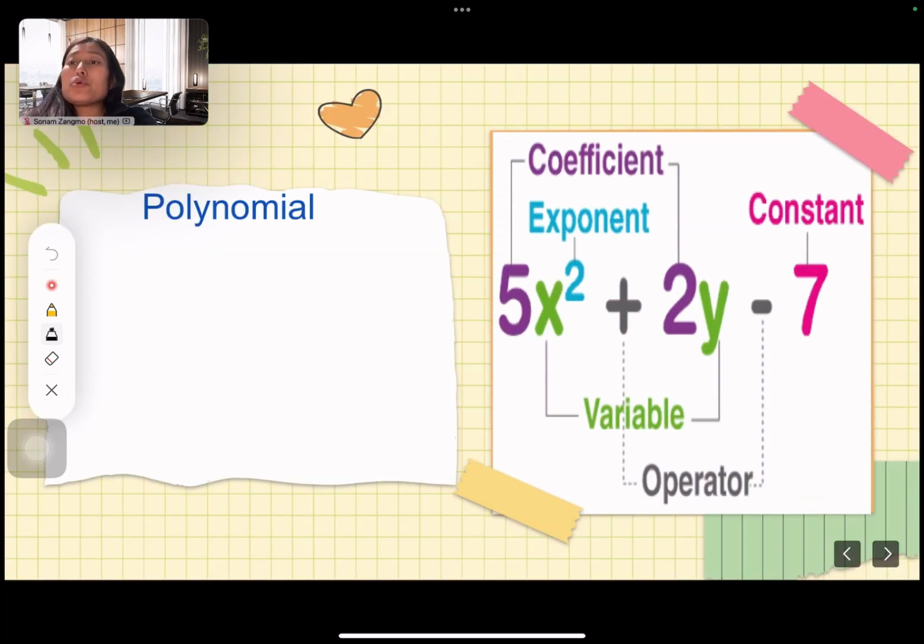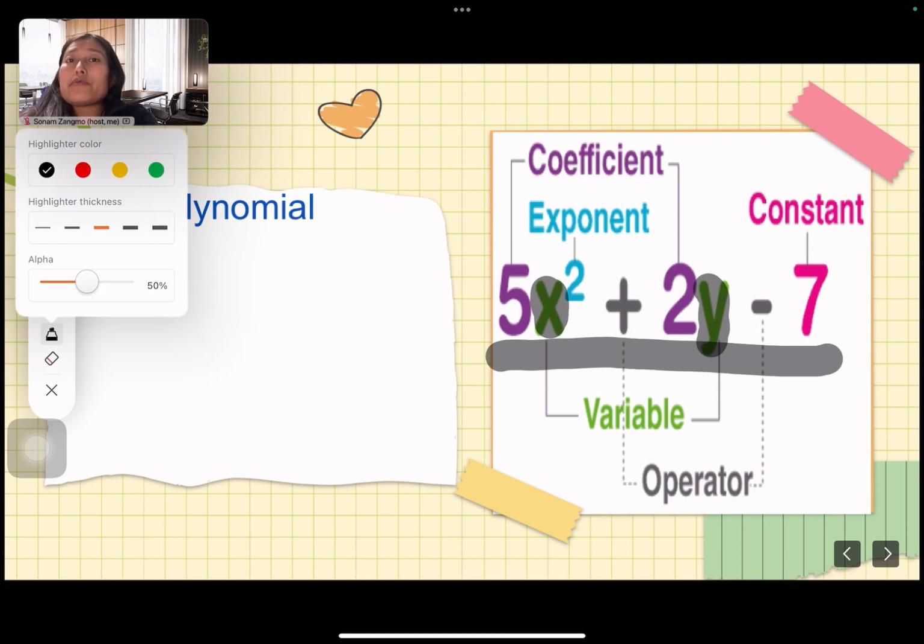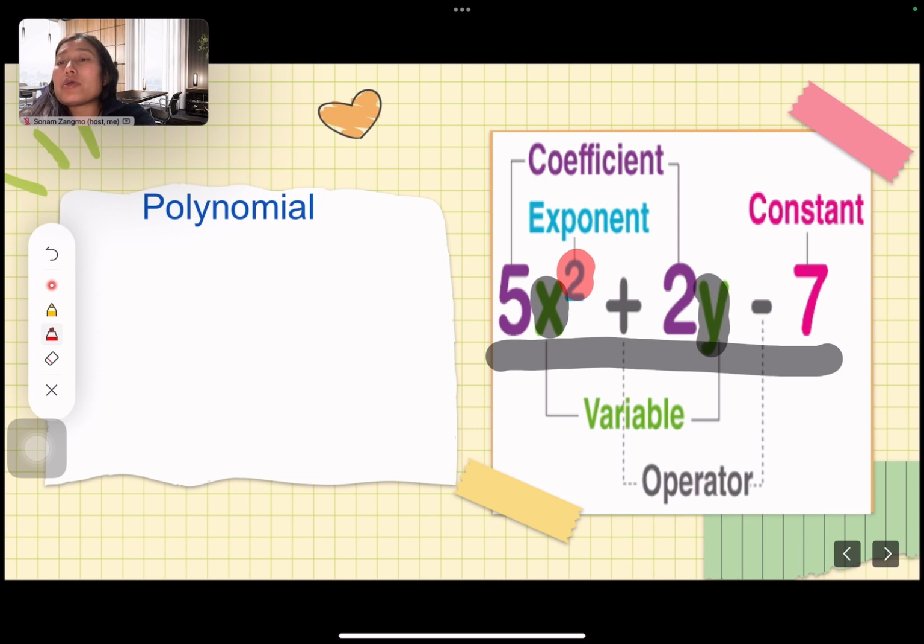Now in a polynomial we'll see that the alphabets here are known as variables. So the variables out here are x and y, whereas your exponent is here, right? A number which is raised to a base.